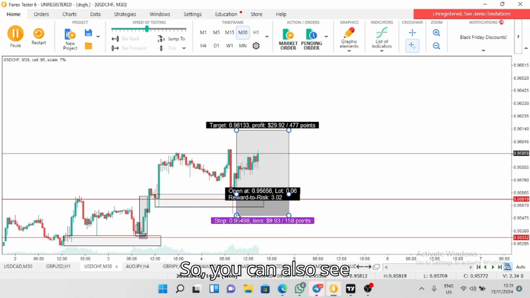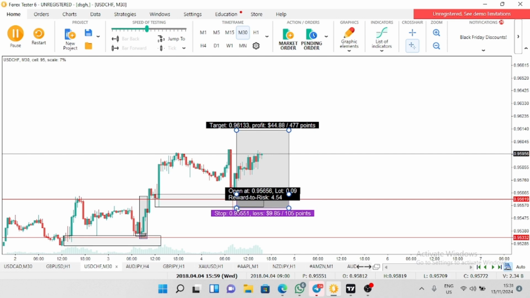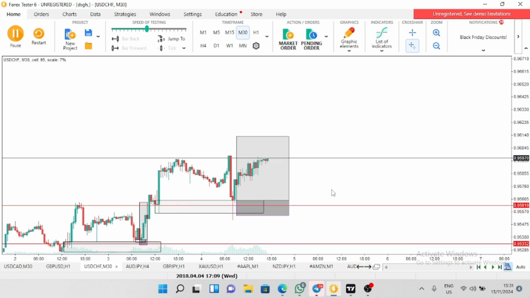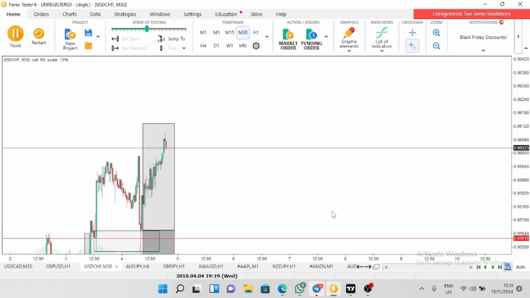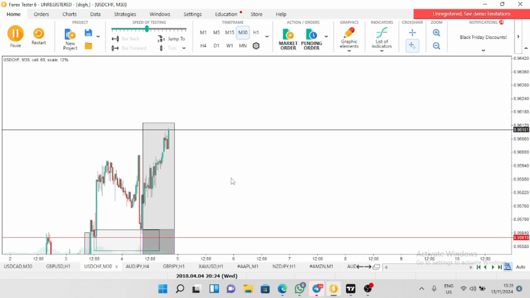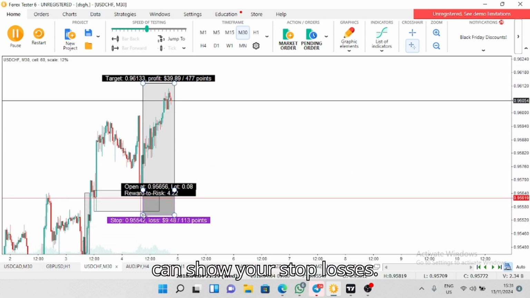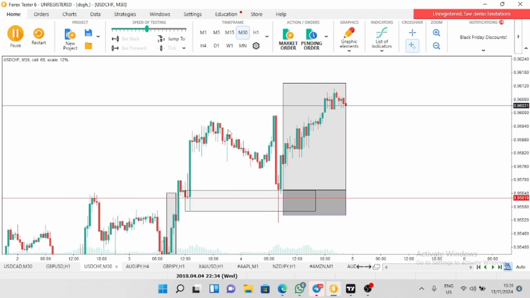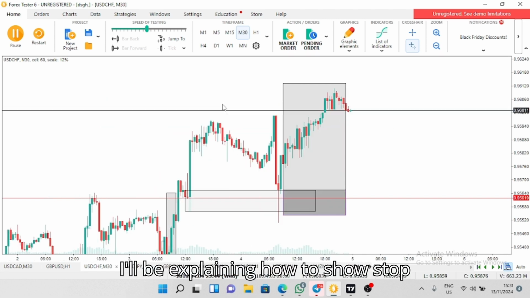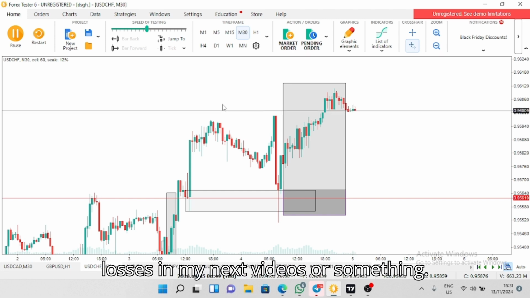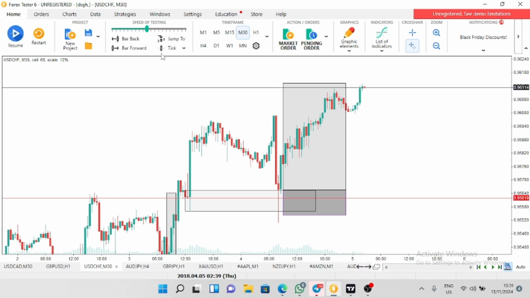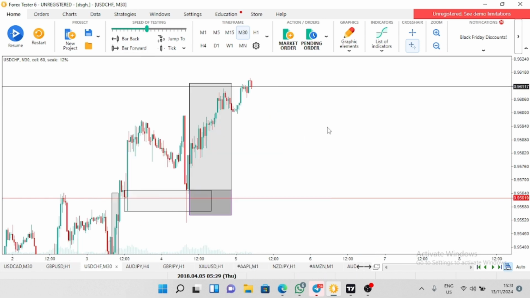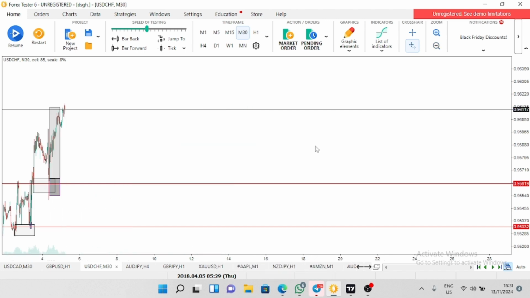So you can also drag it somewhere here and trade. You can show your stop loss. I'll be explaining how to show stop losses in my next videos. Okay, so there you go.